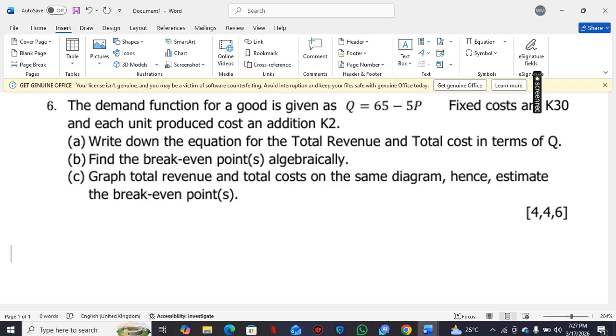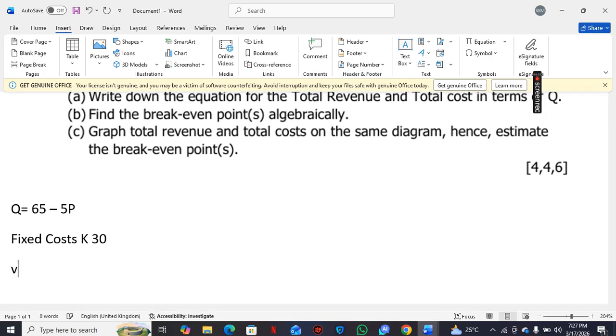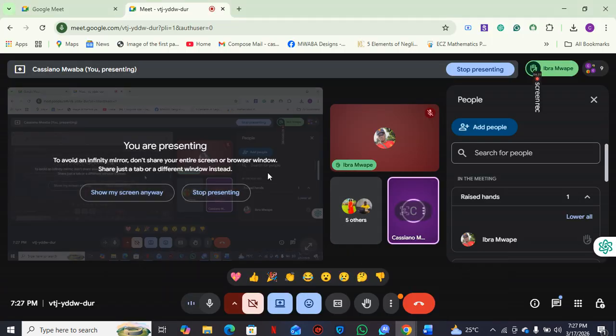We've got our quantity, we've got our demand function, which is 65 minus 5p, fixed costs 30 kwacha, variable cost 2Q.